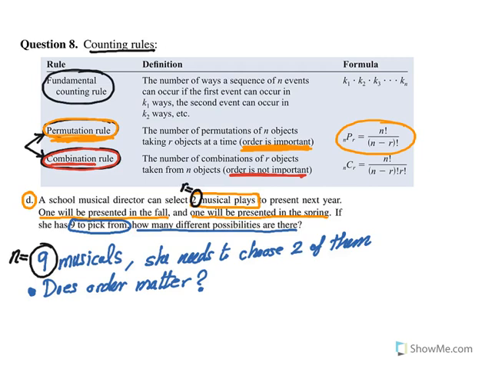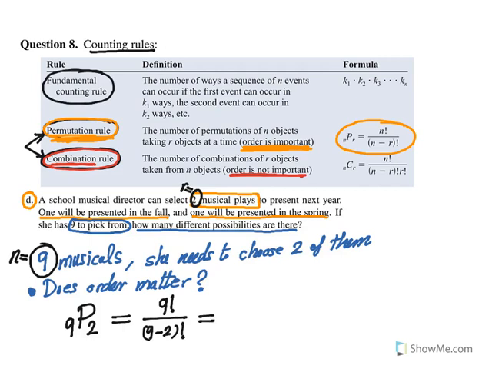She's choosing 2 from the 9. So therefore, the answer to this is, you can write it as 9P2, which is 9 factorial over 9 minus 2 factorial.